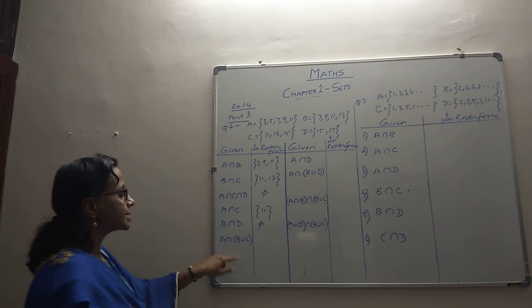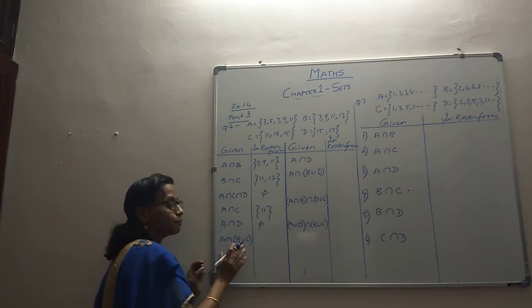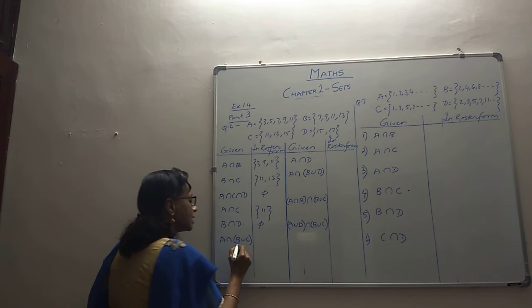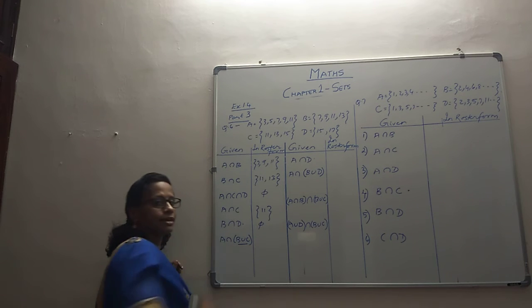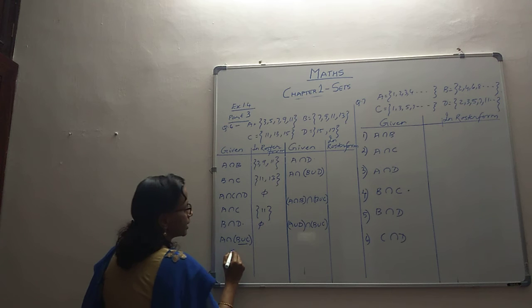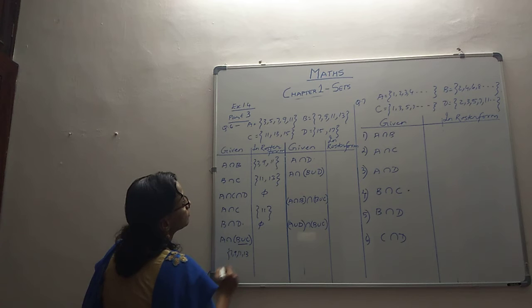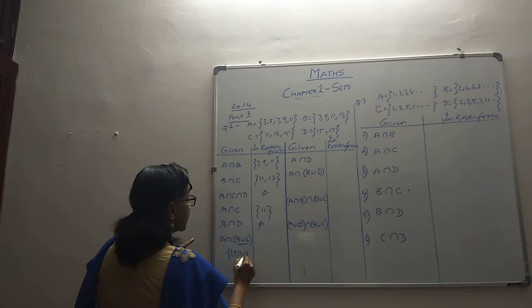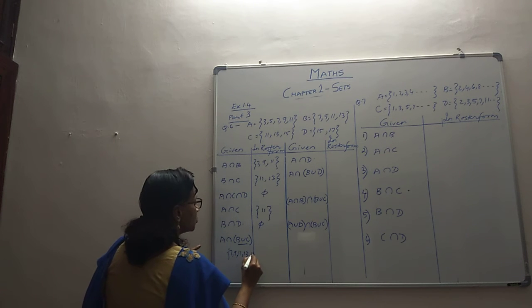Then A intersection B union C. Whenever we have both these operations coming up together, let's find out what is B union C and then we will find out its intersection with A. B union C for us is going to be the collection 7, 9, 11, 13, and then 11, 13 is already there, so you have the 15.